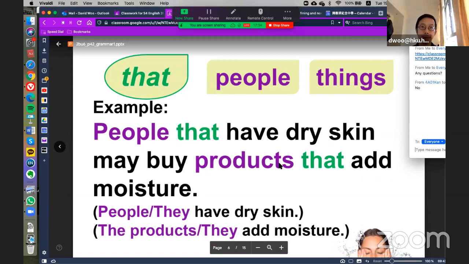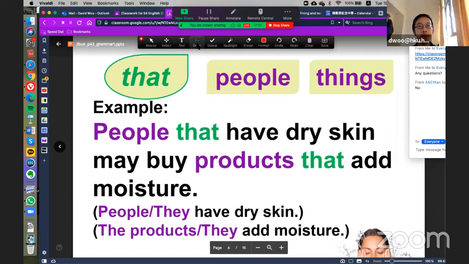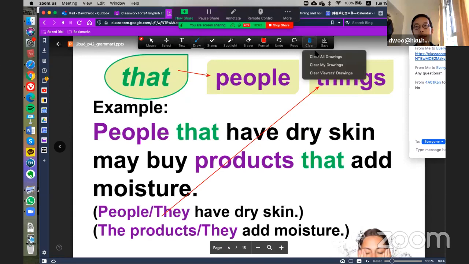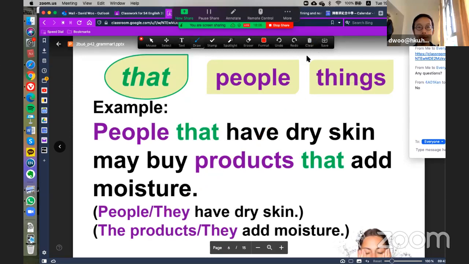Okay, that. That can refer to people and things, and you just have to memorize it. Okay. So that can mean people and things. So, people that have dry skin, so that refers to people, made by products that add moisture.